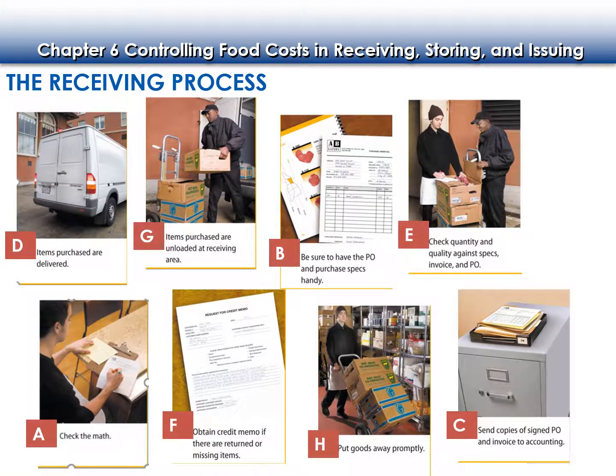Now this is according to the textbook. But if it's your own business, you can put it in your own order. That's the importance of training: the person who is receiving understands the process that they need to go through, so there's no confusion and product doesn't get left sitting out for a while.